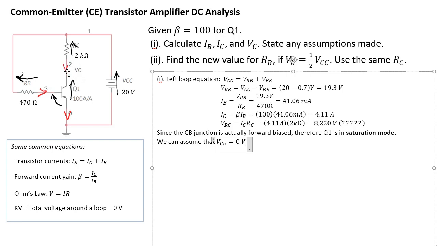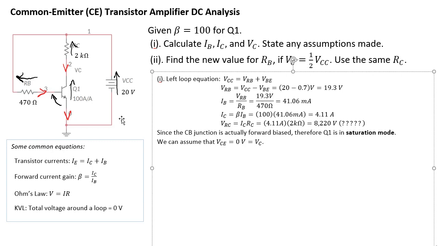VC is this node with respect to ground, and the emitter happens to be ground, so we can assume VC is equal to 0 volts.